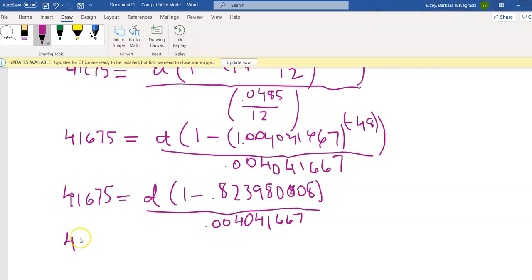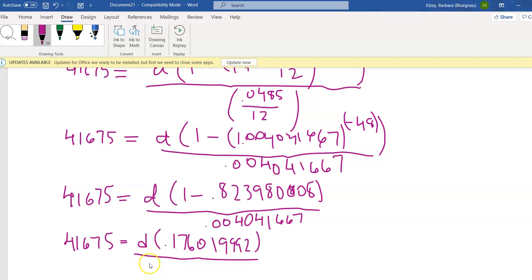So I get 41,675. Now let's do the 1 minus the 0.8239 and so on there. That's going to give 0.176019992 over this one.